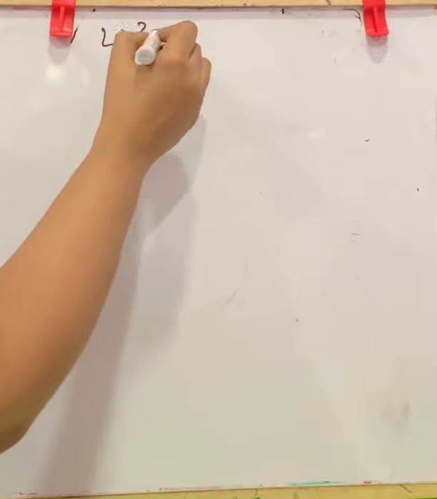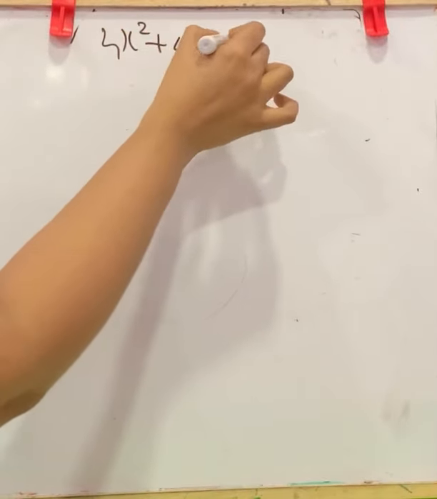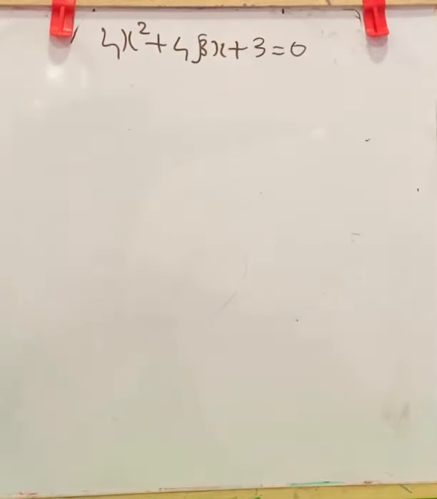Next question. 4x square plus 4 root 3 x plus 3 equal to 0.